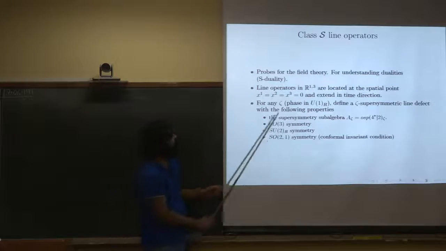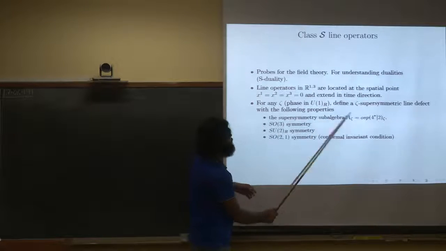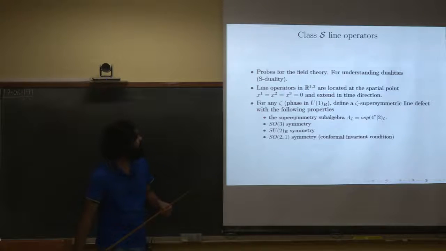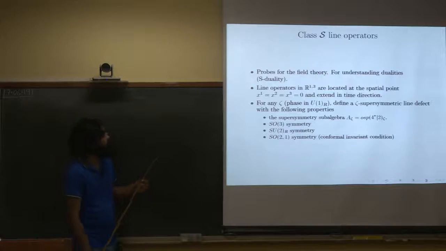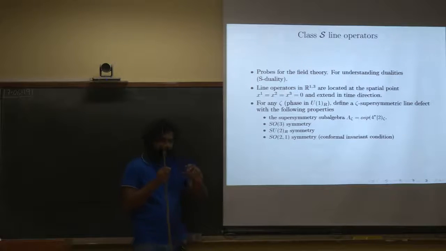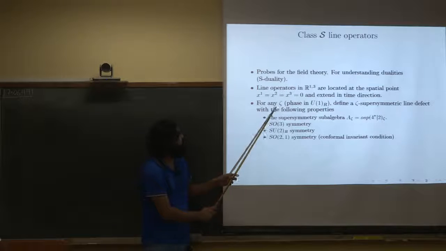And finally, it preserves some supersymmetric algebra, which is characterized by this algebra over here. And the phase, so the idea is that once you perform the spatial reflections, x_i going to minus x_i, then you can conjugate those reflections by the U(1)_R group. And while you're doing that, the supercharges pick up some phase. And that phase is characterized by this zeta.